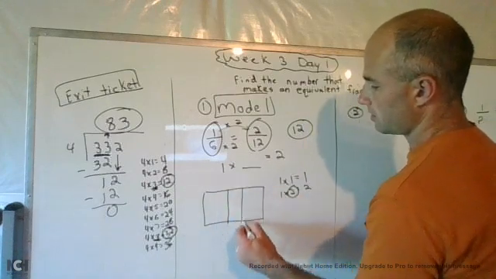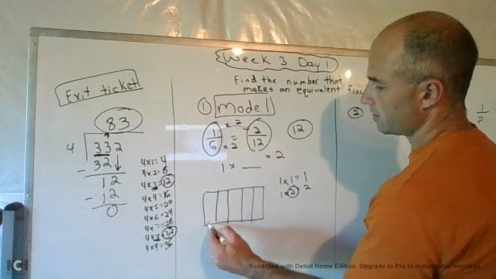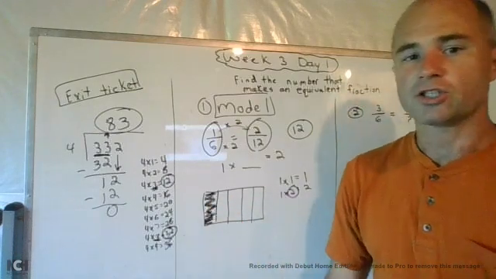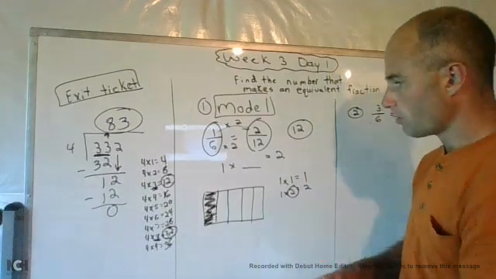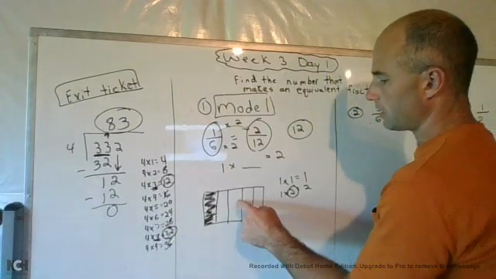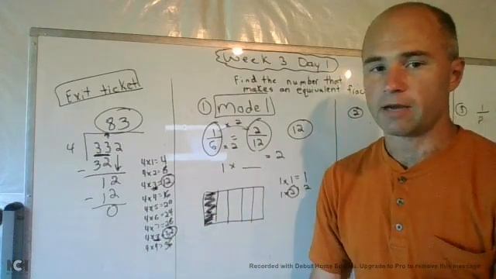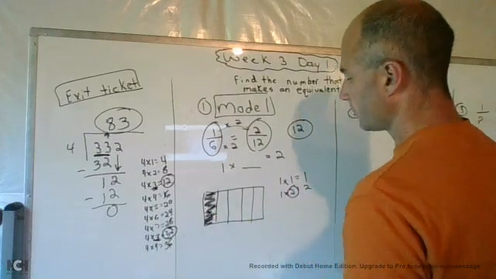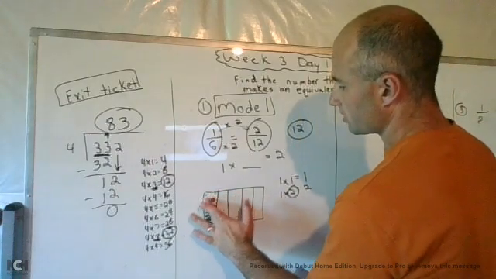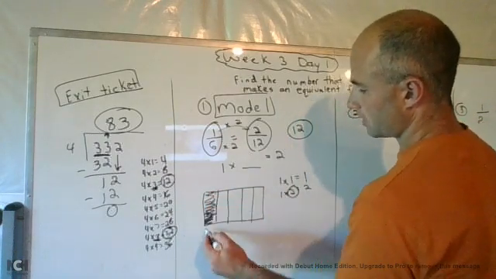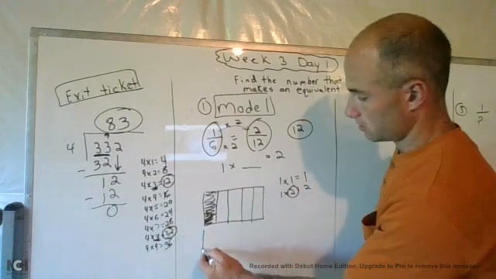So here is 1/6 shaded in. How is that 2/12? Well, if I have my denominator of 6 and I shaded in 1, what happens if I make my denominator 12? Meaning, if I break this up into 12s, okay, I'm going to draw another picture.